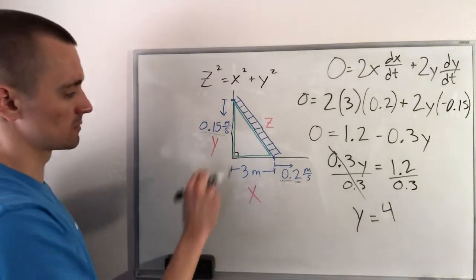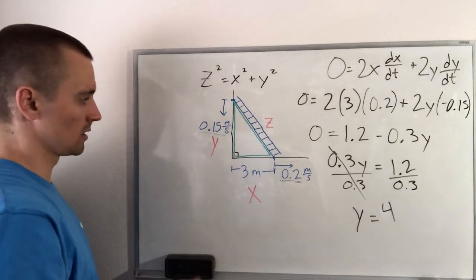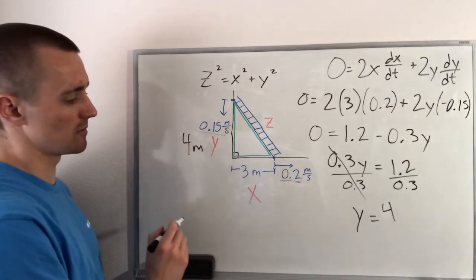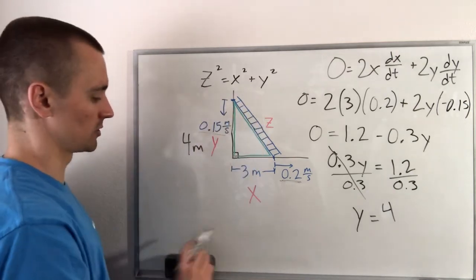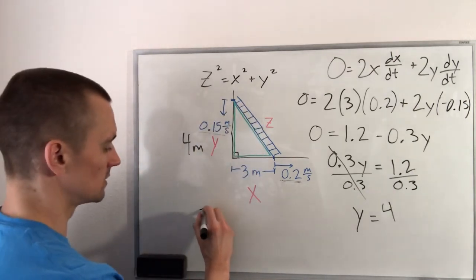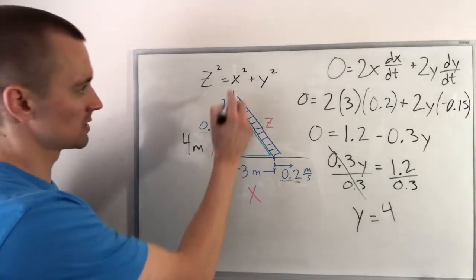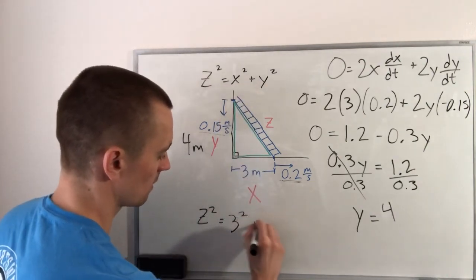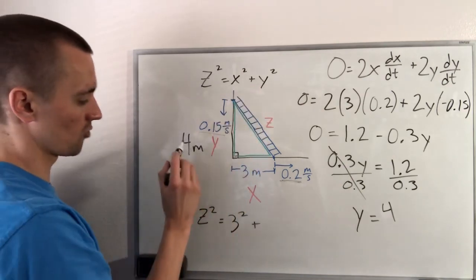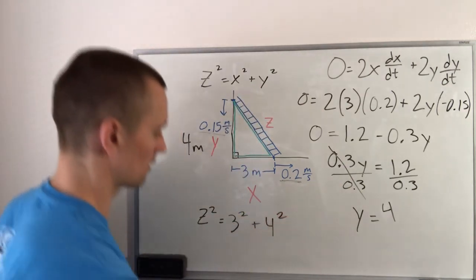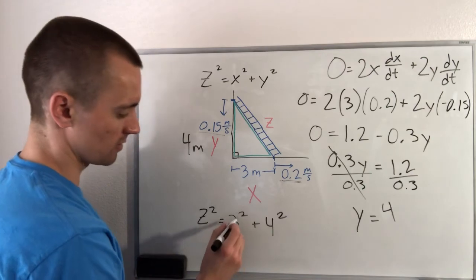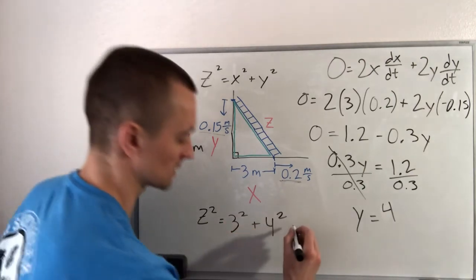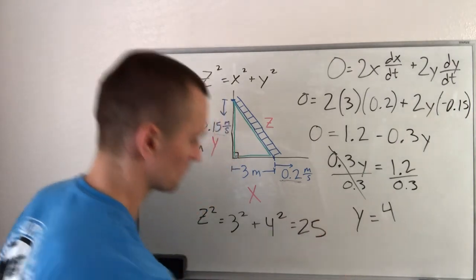So we know that at this moment, y is 4. So this side here is 4 meters. This side here is 3 meters. So now if we go to this equation, z squared equals x squared, which is 3 squared, plus y, which is 4 squared. 3 squared is 9. 4 squared is 16. 9 plus 16 is 25.